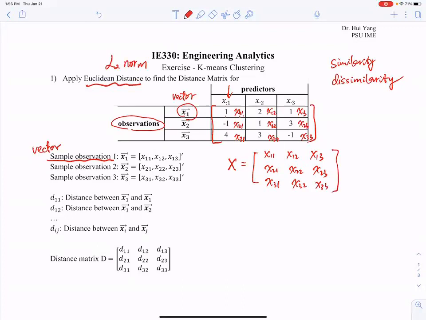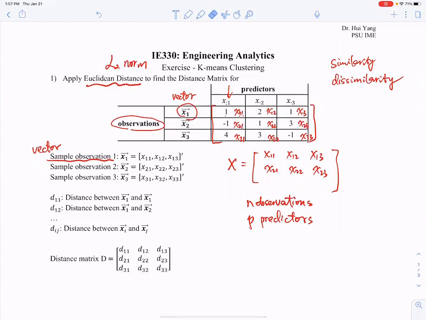But we could have n observations and p predictors. Then if we have n observations and p predictors, this will become something like this.